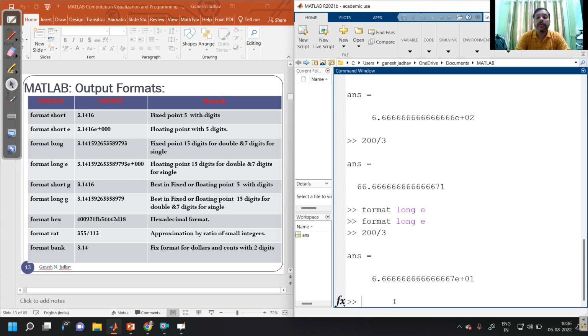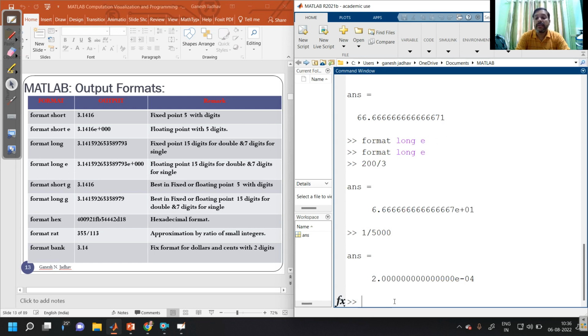So if you want to display many digits after the decimal point, you can do it this way. Similarly, here e raised to minus 4 means 10 raised to minus 4, so 2 into 10 raised to minus 4 means 0.0002 is the result.